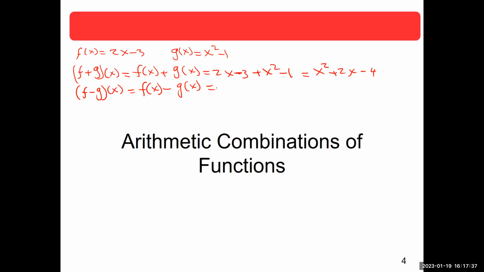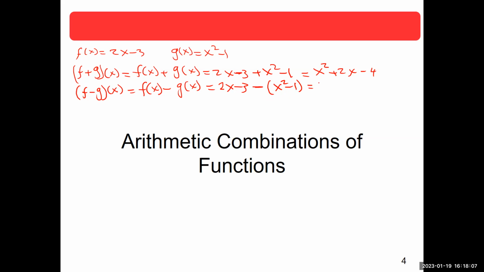That's equal to 2x minus 3 minus. Please always open parentheses after the minus. Otherwise, you will make mistakes. It is a very popular mistake. Why? Because I want to distribute the negative into both terms in here.